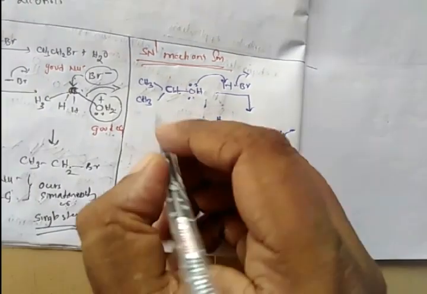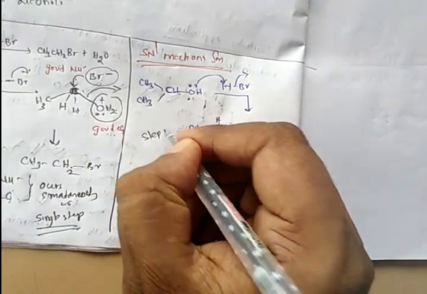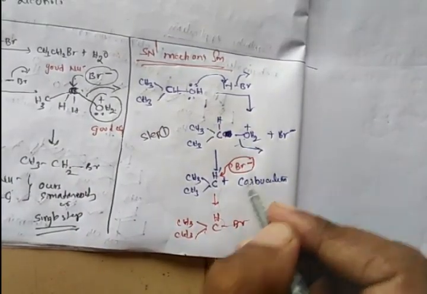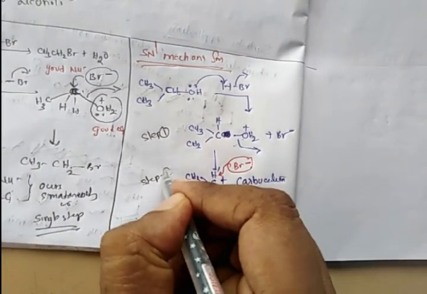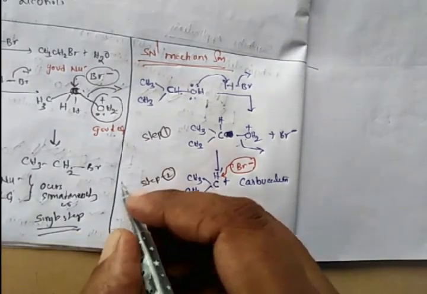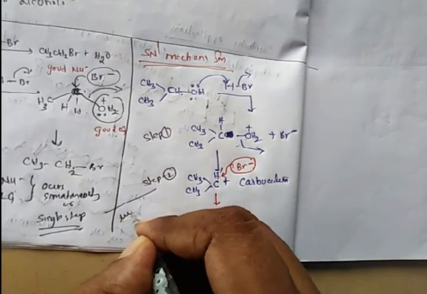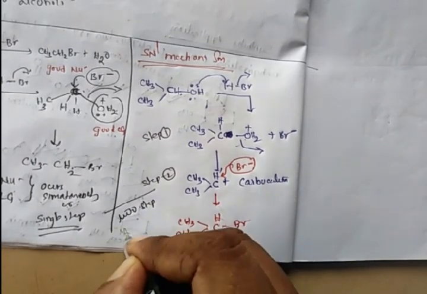But in the SN1 mechanism, the leaving of the leaving group occurs in the first step and the attack of the nucleophile occurs in the second step. So the leaving of the leaving group is step 1, and the attack of the nucleophile on the formed carbocation is step 2. So SN1 is a two-step mechanism.